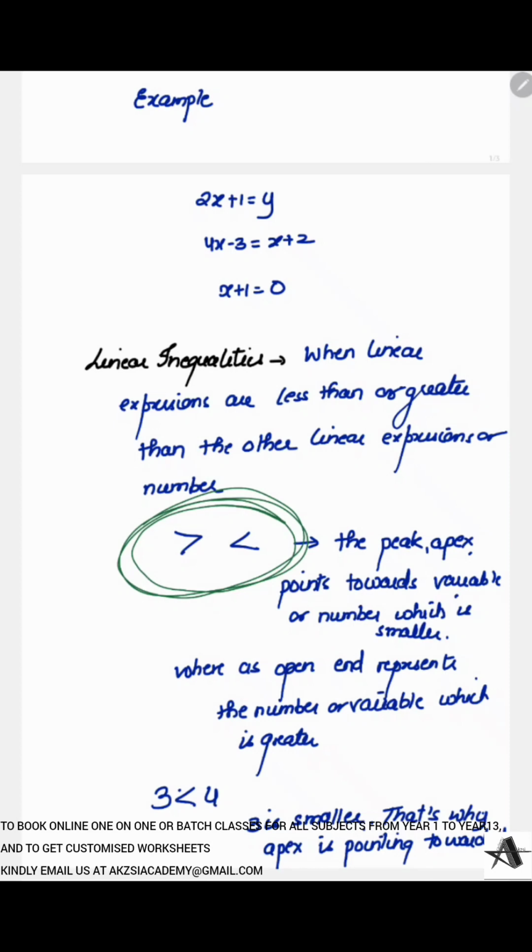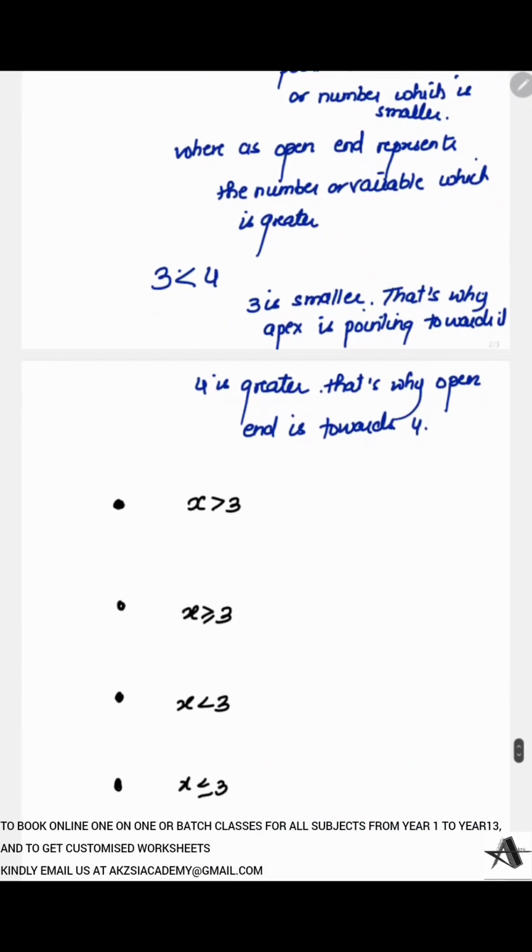Now see this one, the inequality is like this. The peak, this apex, always points towards the smaller value, whereas the open end always points towards the greater value. Here I have written an example: 3 is smaller than 4. We know that 3 is smaller than 4, so how can we represent it?